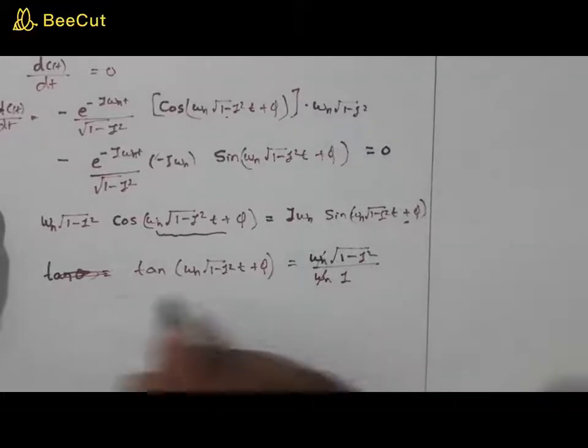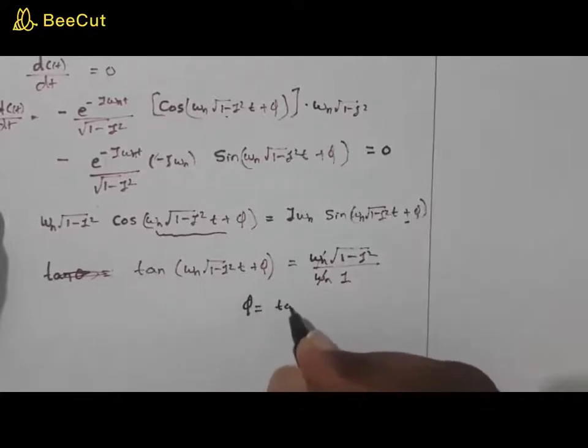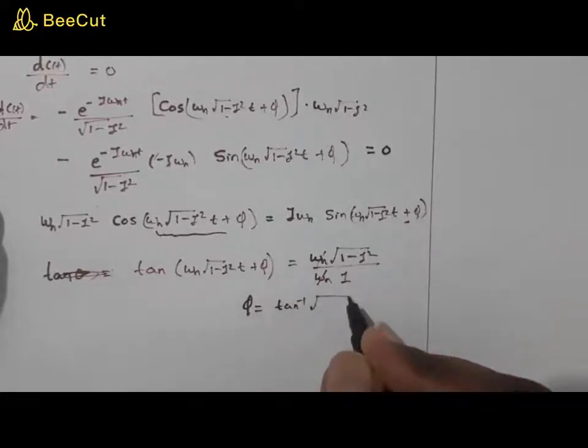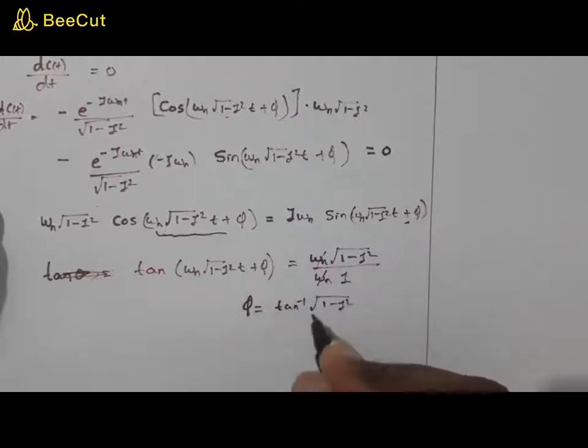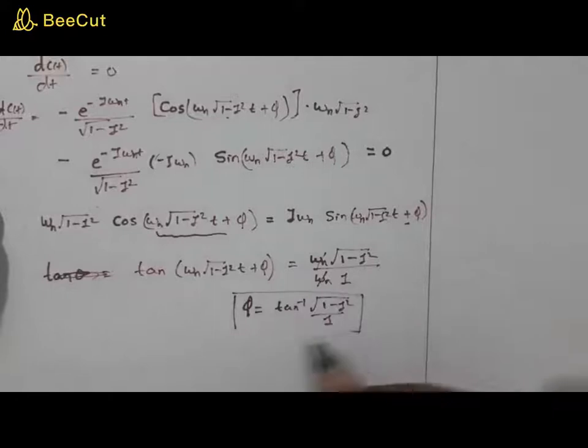Now this phi, we know that phi is tan inverse of root of 1 minus zeta squared by zeta. This we have already defined.